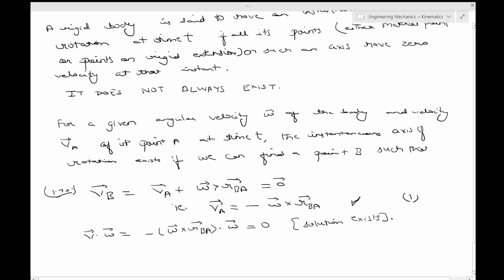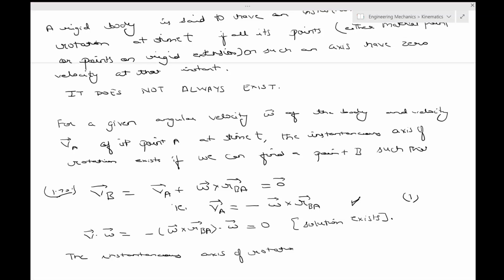So we can say that the instantaneous axis of rotation exists. Any reasons why this value should be equal to 0? I think it's a good puzzle to leave you with. I put a question mark in red.